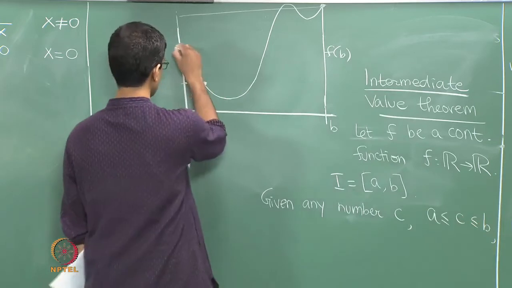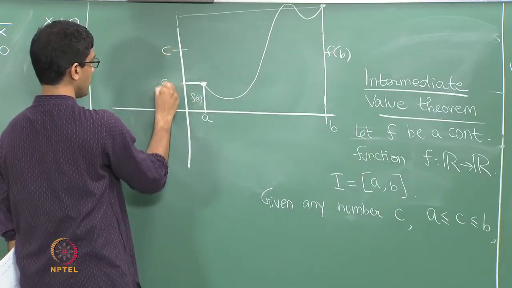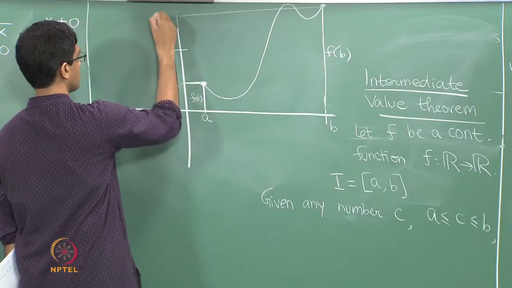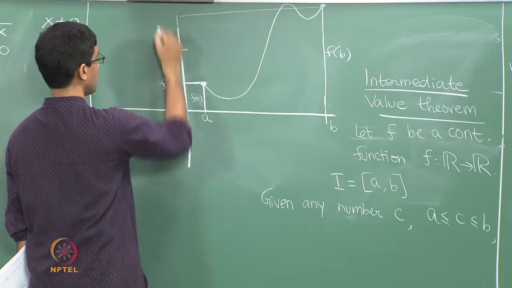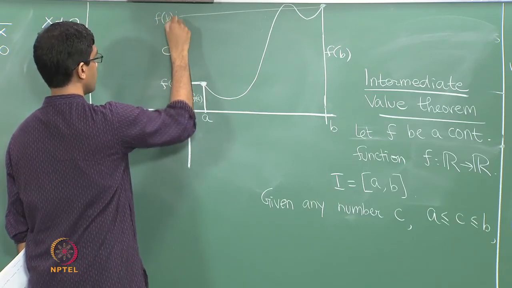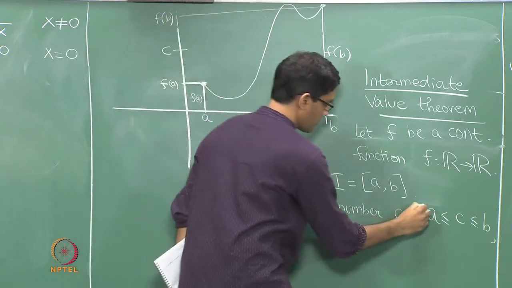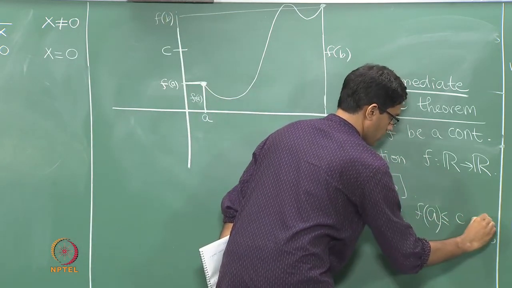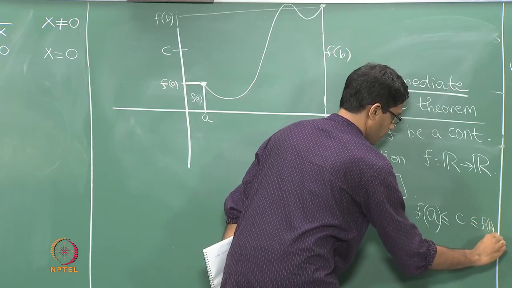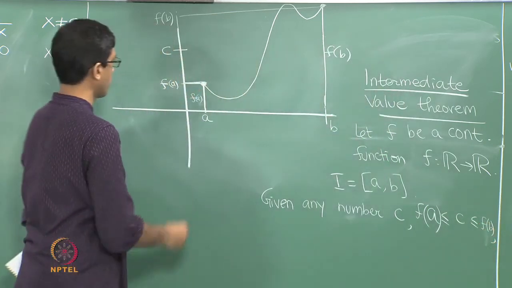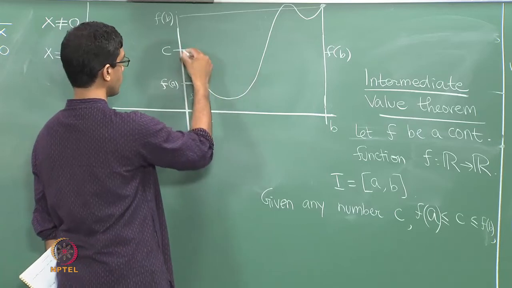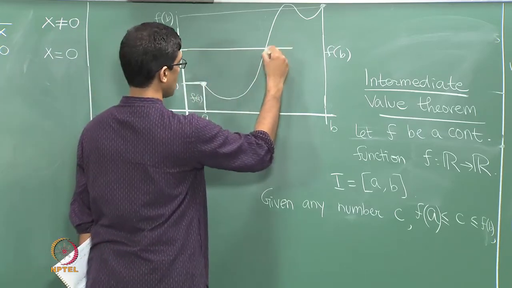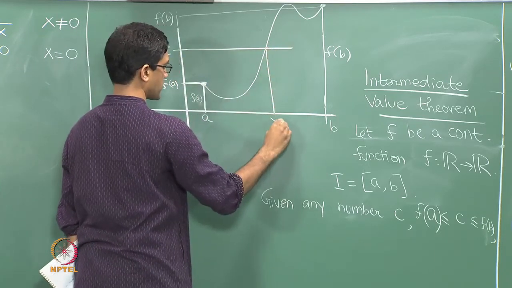I should have been careful: c is between f of a and f of b. Given a real number c between f of a and f of b, so it is a y value between the two boundary y values, what I can conclude is there surely exists a point on the graph, let us call it x0.